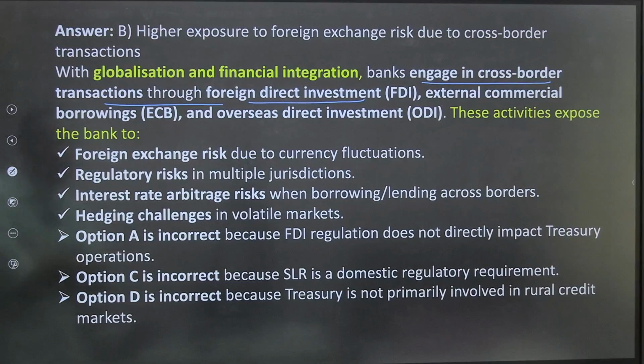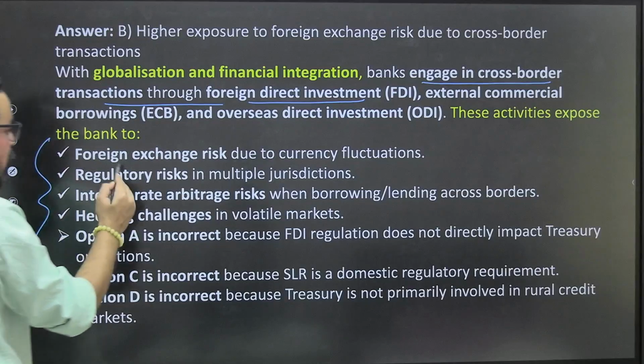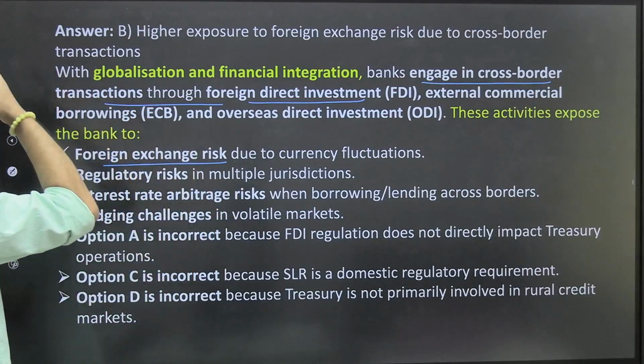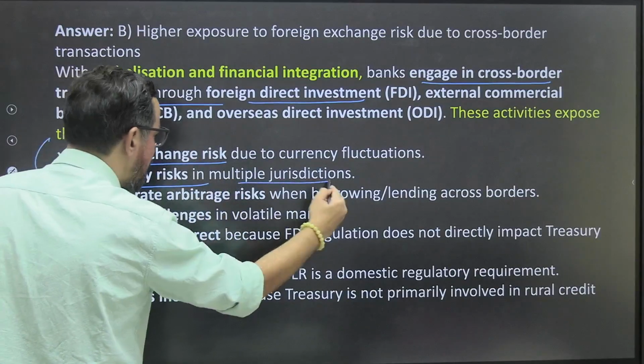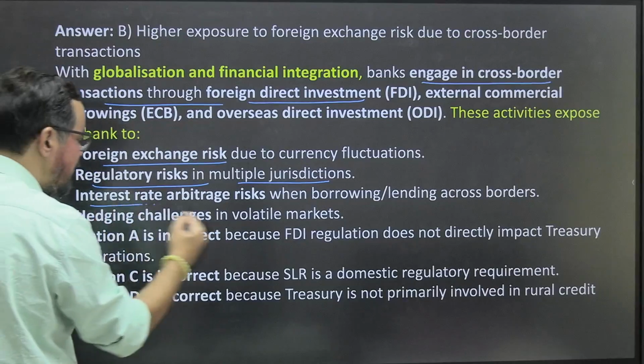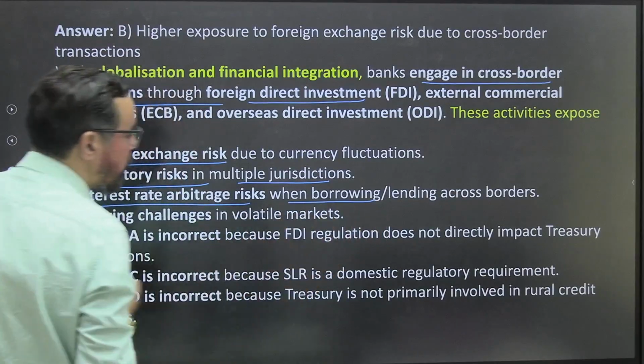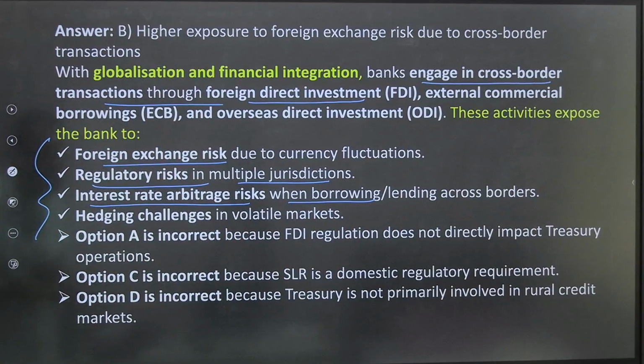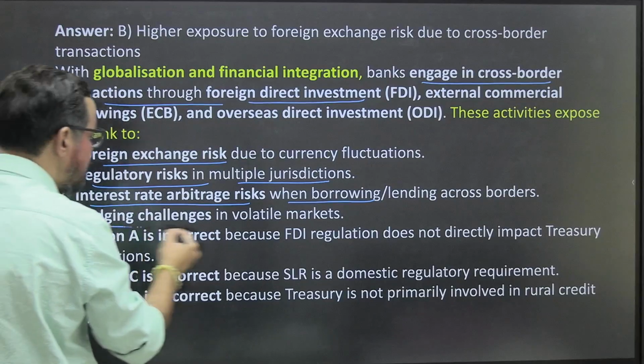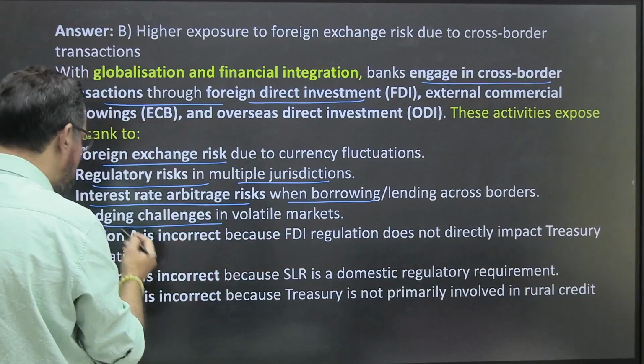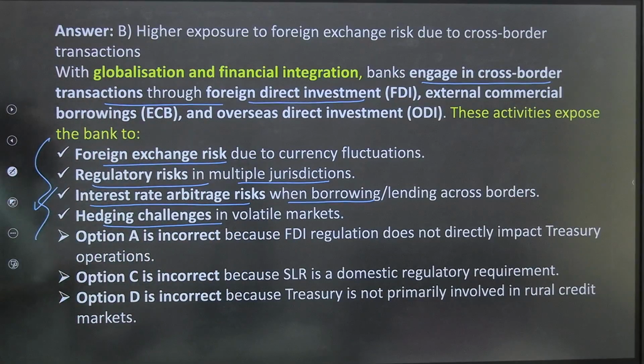These activities are exposed to risks like foreign exchange risk due to currency fluctuations, regulatory risk as multiple jurisdictions are there, interest rate arbitrage when borrowing or lending across borders, and hedging challenges in volatile markets. These are the risks which we might face in this particular market.